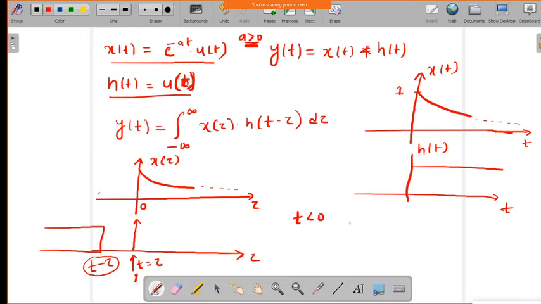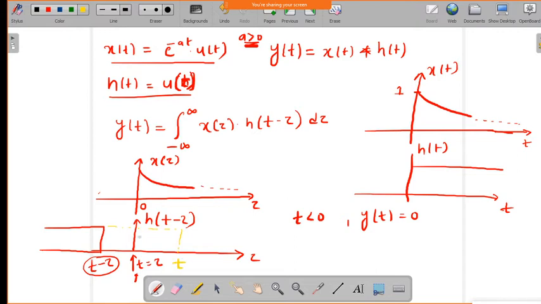So y of t will become equal to 0. Now you need to take this h of t minus tau and slide it. Wherever it overlaps, that will be the convolution integral. So you can slide it till the value of, say, t. I will slide this one till the value of t.